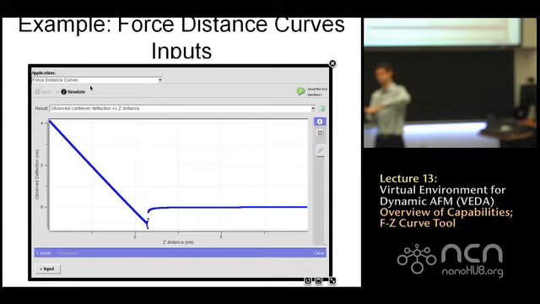So it goes from a scenario we would call non-contact to snapping into the surface and being in contact with the sample. From there, we approach further, and this almost looks like a 45-degree line when we're in contact with the sample, but there's some indentation on top of that line, causing a small deviation.